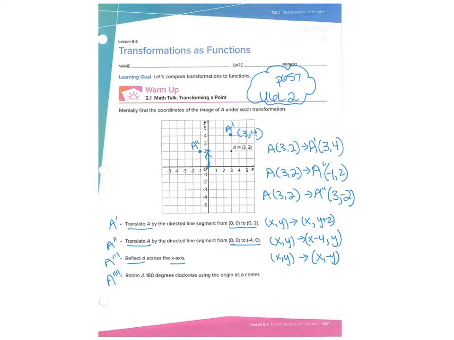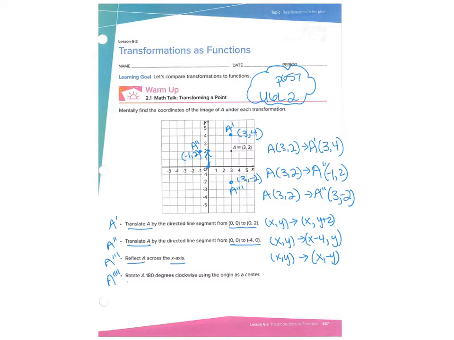So I would go to 3, negative 2, and this is where A triple prime is. You might say, well, I already know that simply by the way I count. I agree. This is just a coordinate rule, and if you want to use it, great. And if you do it some other way, that's also great.